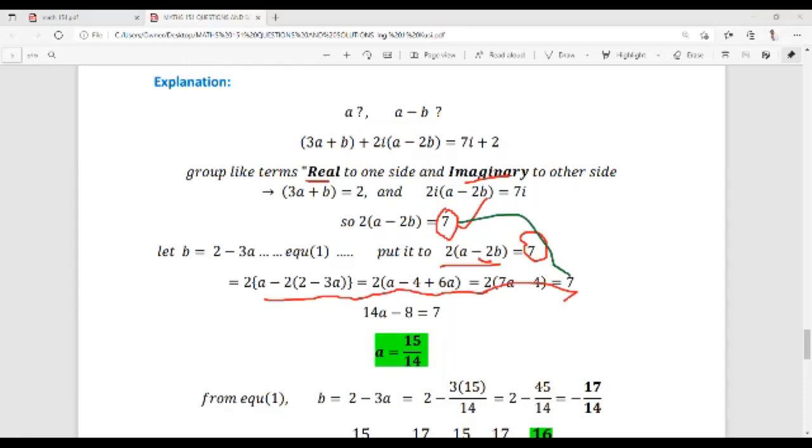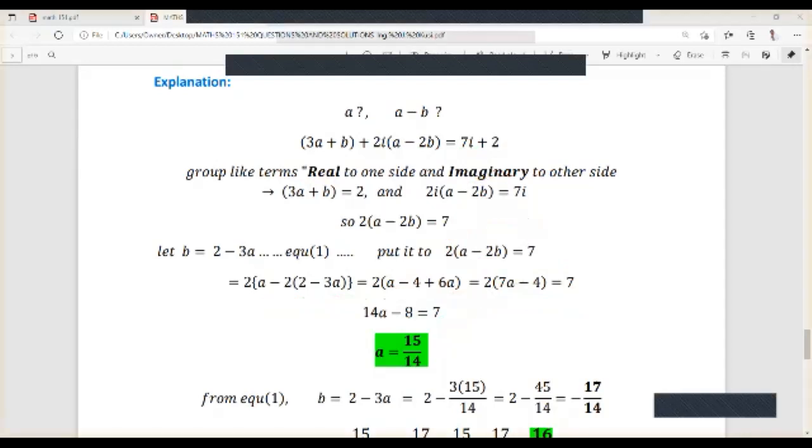Then you expand everything here, and this will give you 14a minus 8. Then you pick your 7 from this side and bring it. That thing is equal to 7. According to what we got here, if you take the i out, the whole of this will be equal to 7. I hope that is okay.